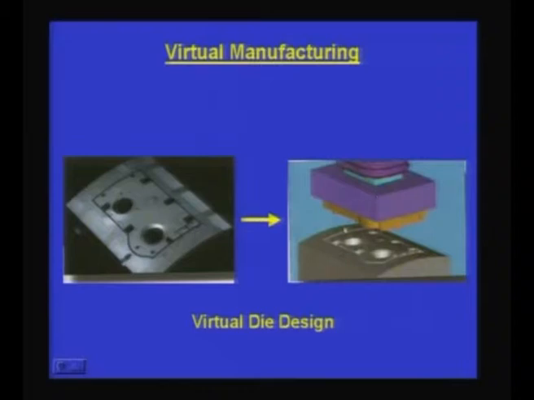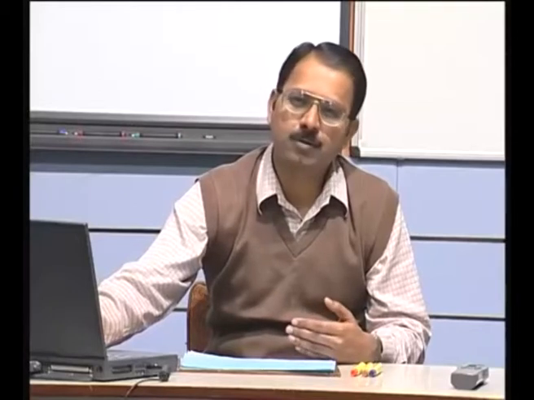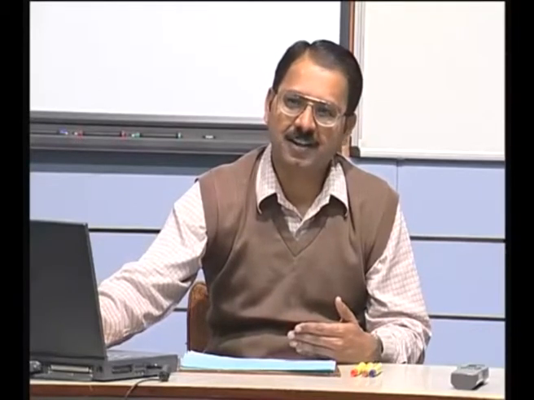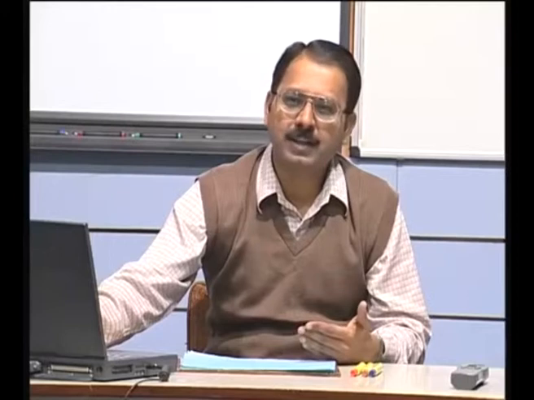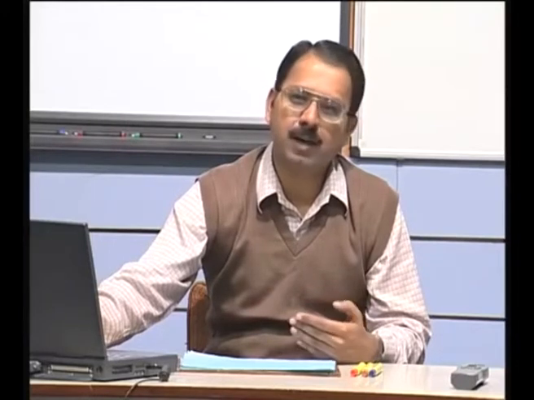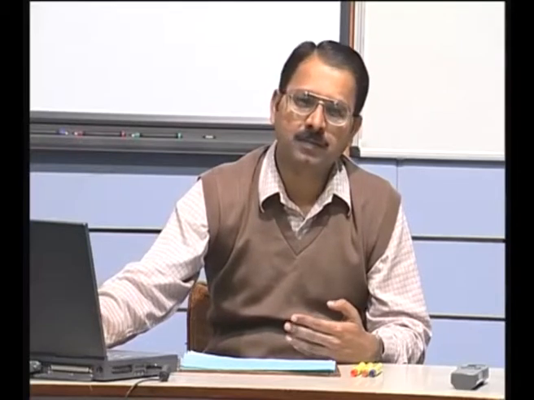So, as I said, the iterations which you do in the real world can be done in a virtual environment to arrive at a correct die shape. This is an example. Now, the only difference between a predictive model which we discussed for spring back and here is that you are also carrying out the simulations, and at the back end you have a predictive model which is trying to predict spring back. There can be many other things in manufacturing simulations.